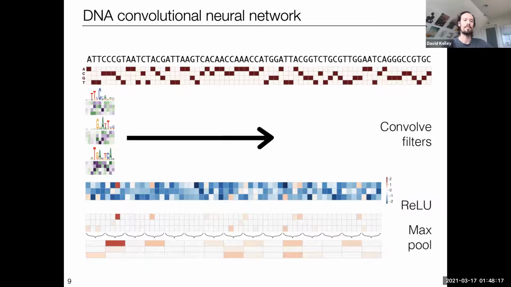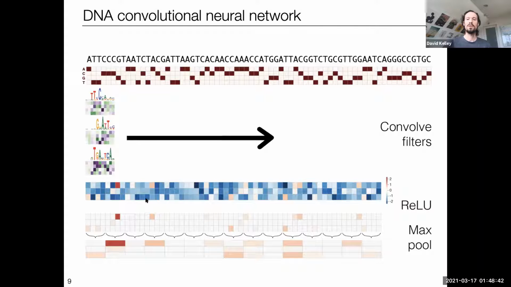So it's the same for us here, except the first layer of the convolution filters are able to basically recognize position weight matrices. That's ultimately what they look like. It's a 4 by the length that you choose object, and we choose it typically to match known transcription factor binding site lengths. And then those are scanning across the sequence.